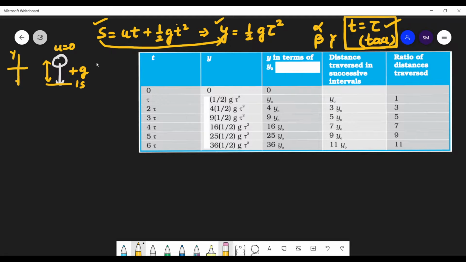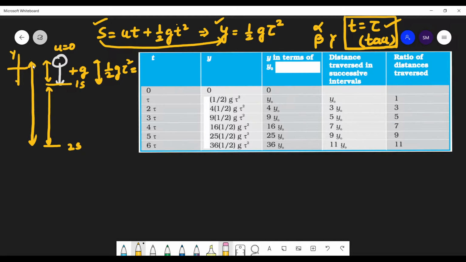Now this distance is half g tau square. Now what will be the distance traveled in 2 seconds? So this is the distance traveled in 2 seconds. First second, second second.